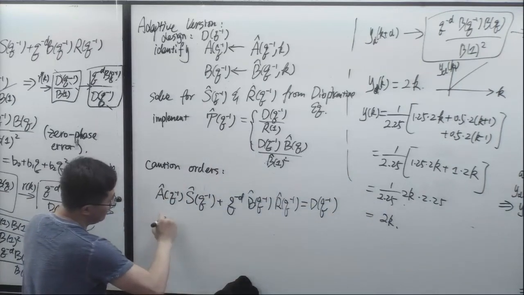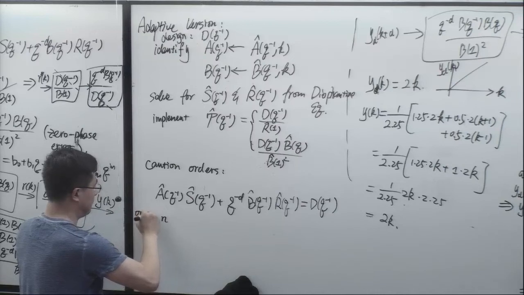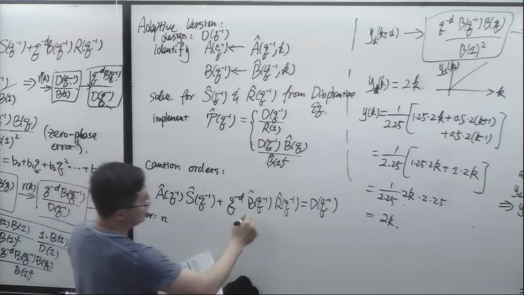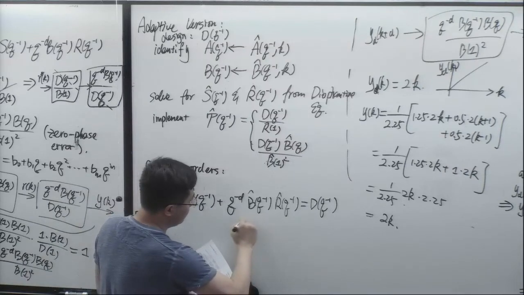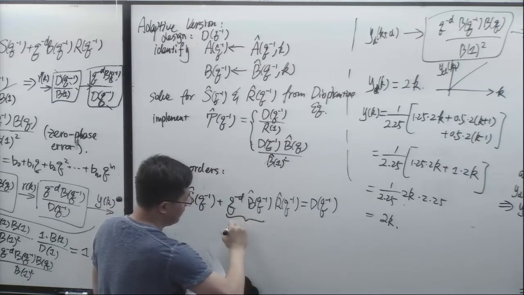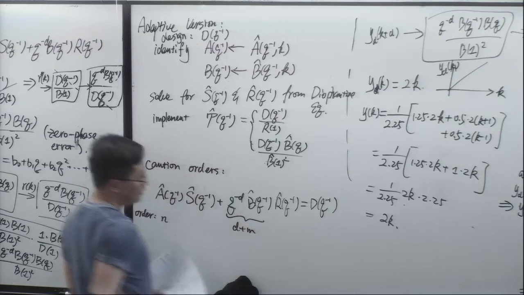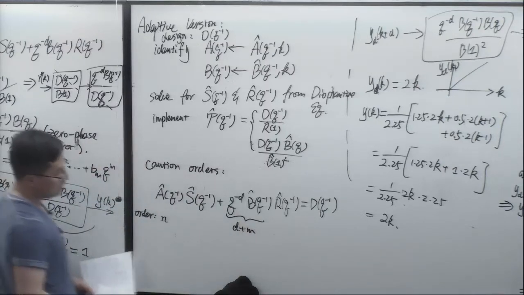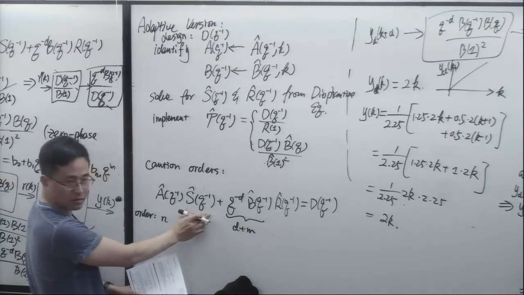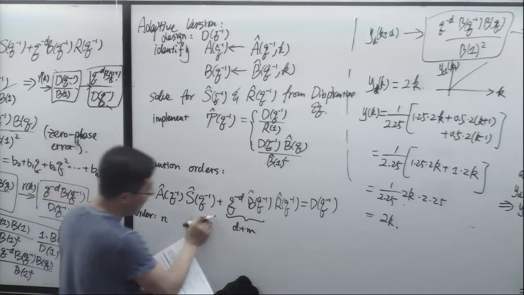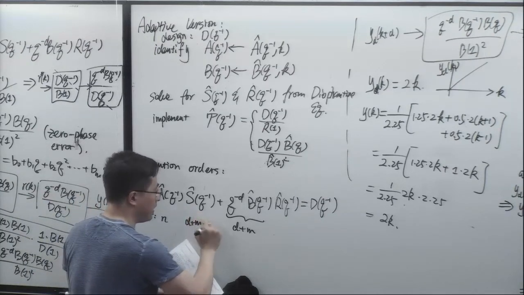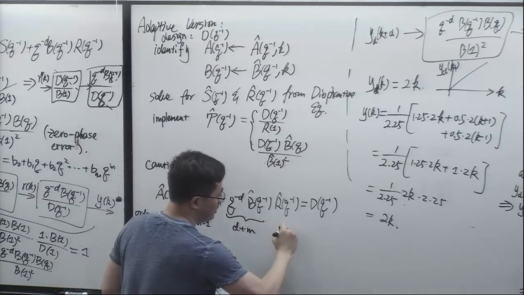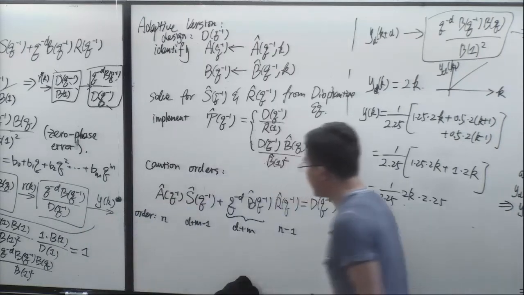A is n's order, and then B is m's order, so this is D plus m's order. So you should select your controller to have a unique solution. S hat should be D plus m minus 1, and then R is n minus 1.